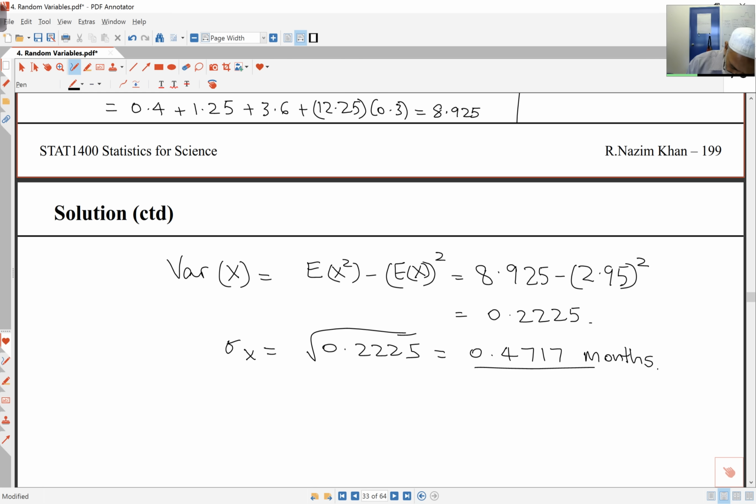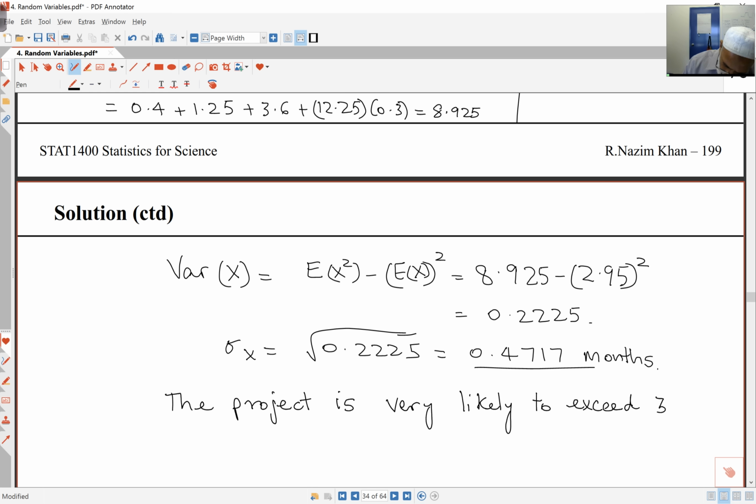So here, the project is very likely to exceed 3 months. So the manager can expect that there will be some extra costs involved in this. So this is exactly the kind of calculations we expect to do in these situations, but also we can interpret them and get some meaning from them.